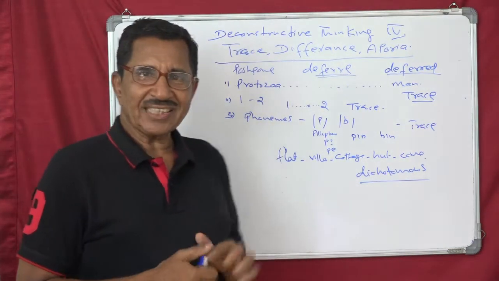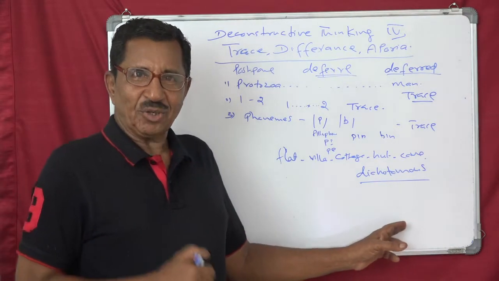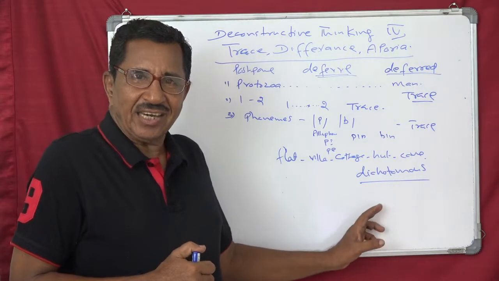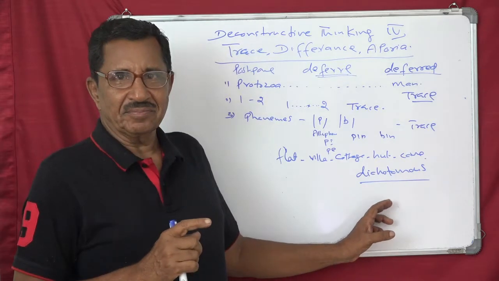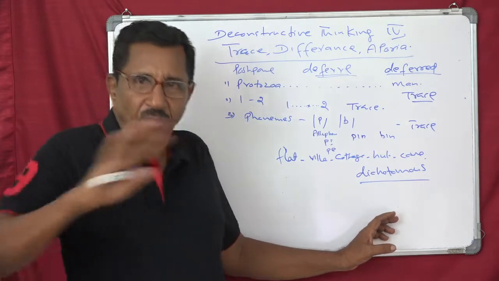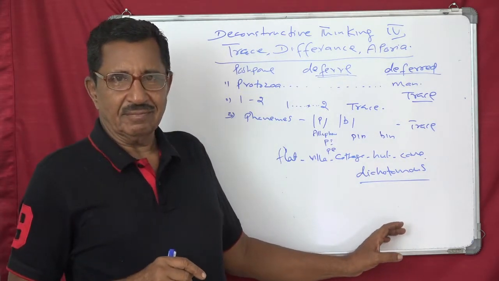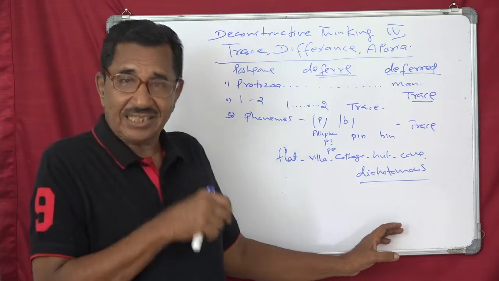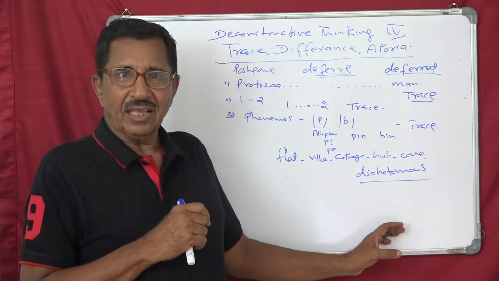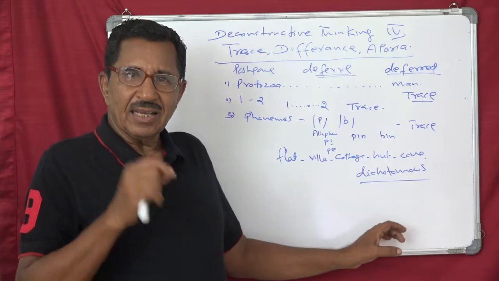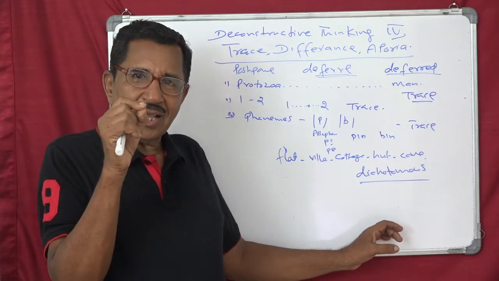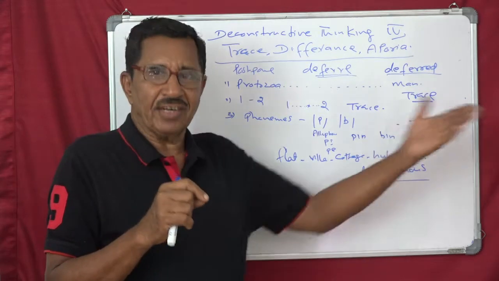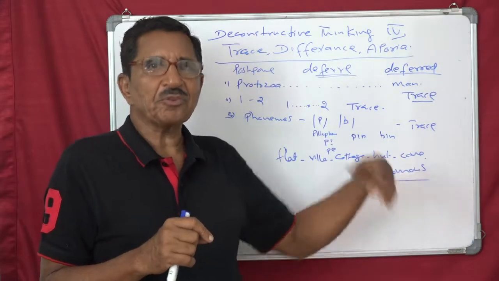Why? Because they share a trace. So what happens? The signified is not complete, not in total opposition, because of the trace. Therefore a small part of the signified is deferred or postponed.